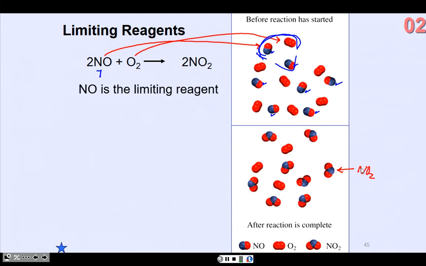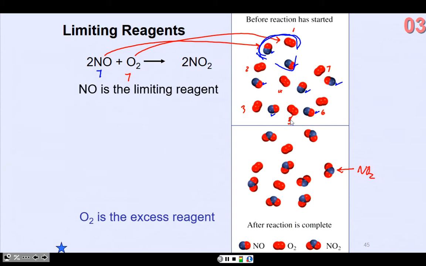Let's count those too. 1, 2, 3, 4, 5, 6, 7. They're equal amounts, but you have to have twice as many nitrogen monoxide as oxygen to have a complete reaction. So if there's 7 of each, there isn't as much nitrogen monoxide as those oxygens would allow. So nitrogen monoxide is the limiting reagent, and as a result, oxygen is in excess.